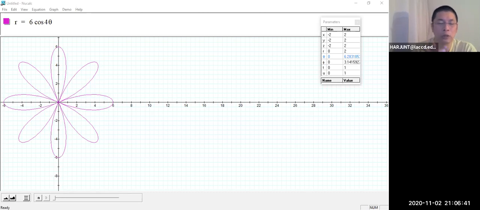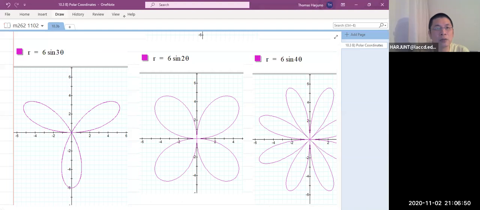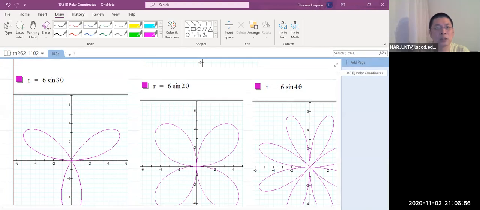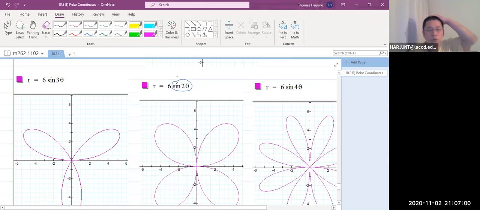Honestly, I don't know. But I think it's because we can rewrite sine 2 theta, for example, in terms of cosine.